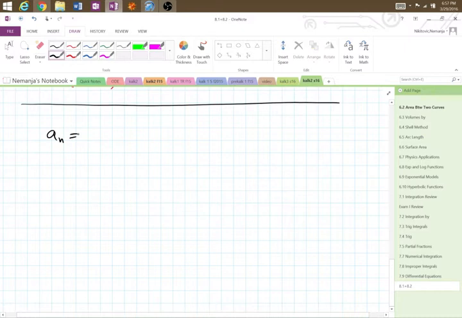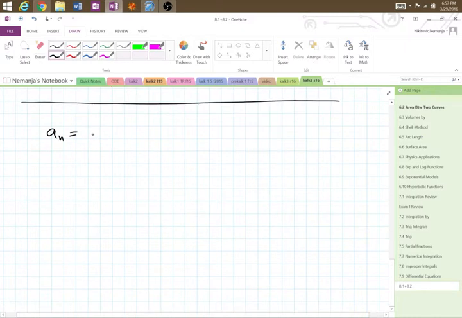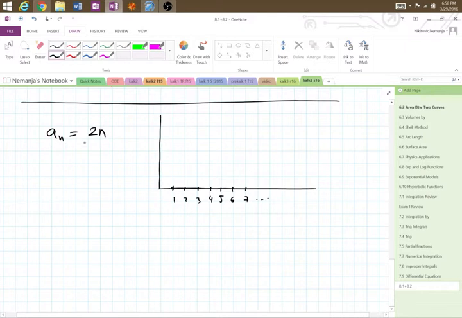So let's take a look at, let's say, a_n is equal to 2n. How does the graph for this sequence look? Well, remember, the input is always counting numbers, which means your input is 1, 2, 3, 4, 5, 6, 7, and so on. And the output is actually what you get when you find the sequence.